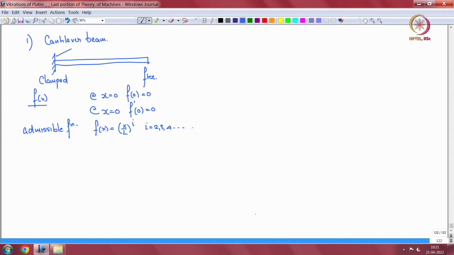Definitely at x equal to 0 it will be 0, and because i is 2, one derivative will still contain x, and that at 0 will be 0. So these are admissible. Now the next is a propped cantilever.